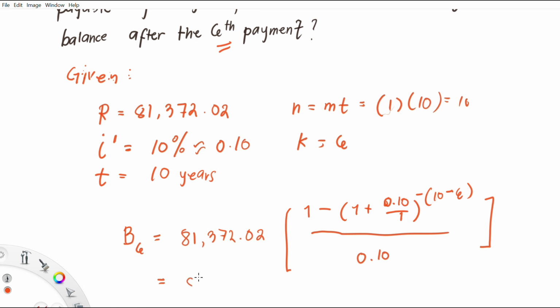Let your calculator do the work. We have 81,372.02 times 3.17. Then we have an outstanding balance of 257,940.51. That's it.